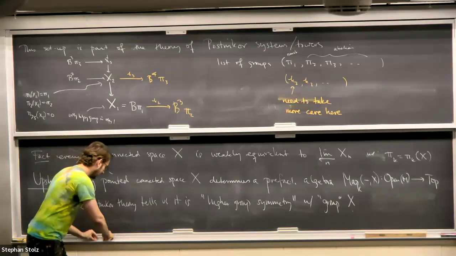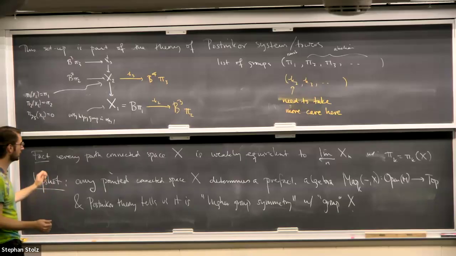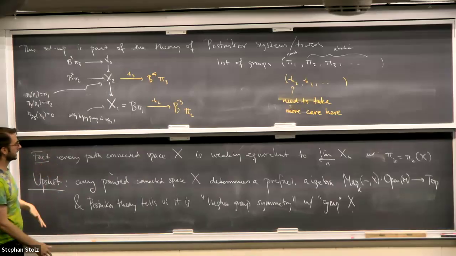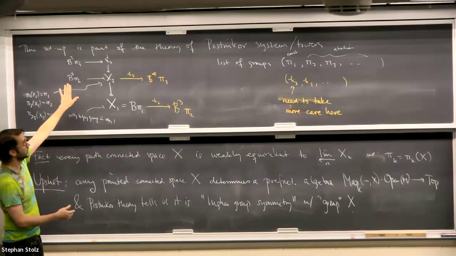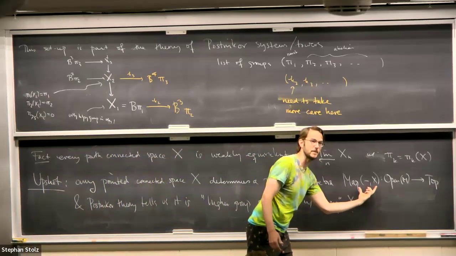So if you want the analysis of higher group symmetries, these kind of discrete higher group symmetries in physics, it boils down to understanding Postnikov systems and seeing how it interacts with these compactly supported maps to that space.